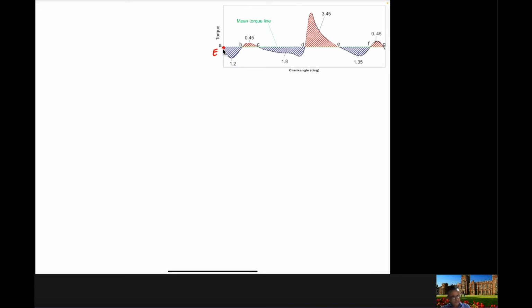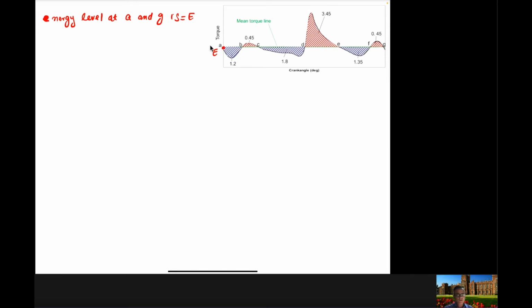So you can say the energy level at A and at G. Because A and G are the same point, the cycle will repeat, so the starting point of this cycle will coincide with the end point of this cycle here.